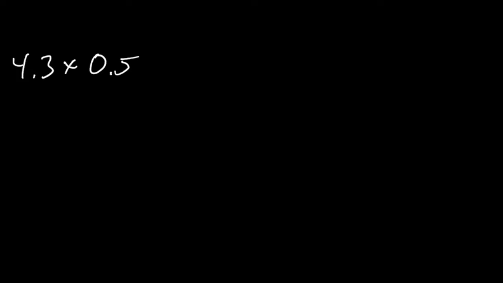Okay? So now that we have a little refresher on how this works, we're going to split this number up in 2 different ways, and we're going to decide which one is easier again. The first way that I'm going to do this is I'm going to divide this number up into 4 plus 3/10 times 5/10.